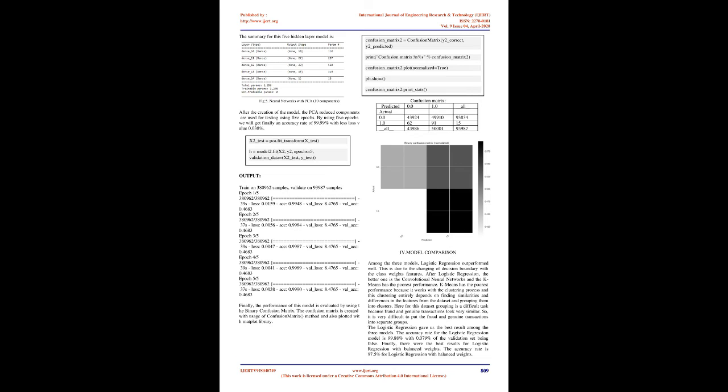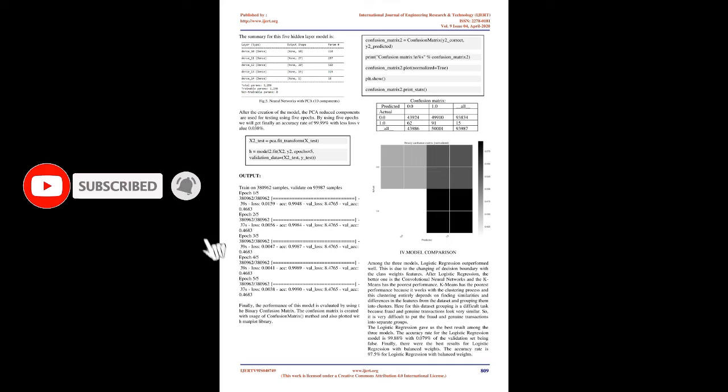A. Simple neural networks. To create a neural network, we use the sequential method. Initially, we created only 2 hidden layers in this model. Even though the accuracy is good, the loss value is high.